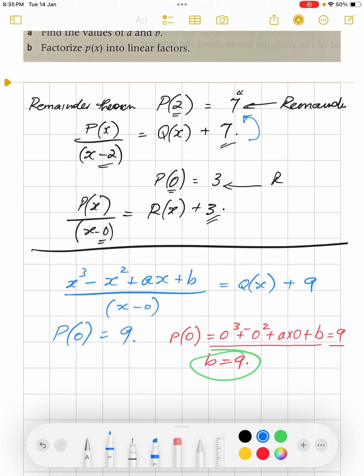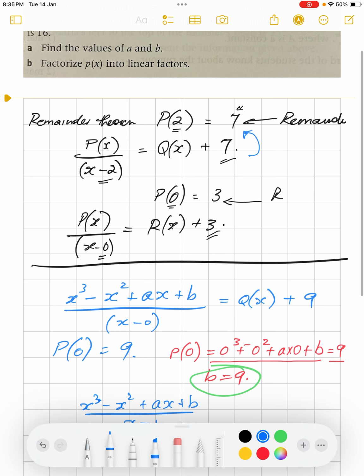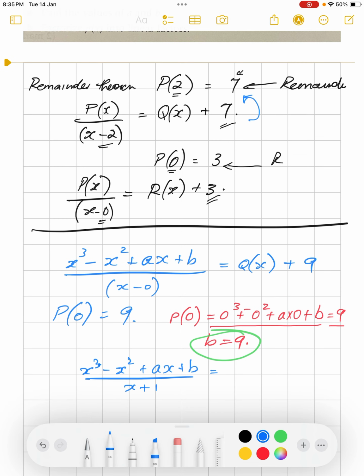So if we divide x cubed minus x squared plus ax plus b by x plus 1, there will be some polynomial, but we get a remainder of 16, which means if we substitute negative 1, since x minus negative 1 is x plus 1, so we're looking at x minus that value.